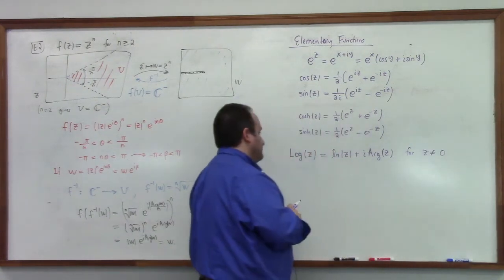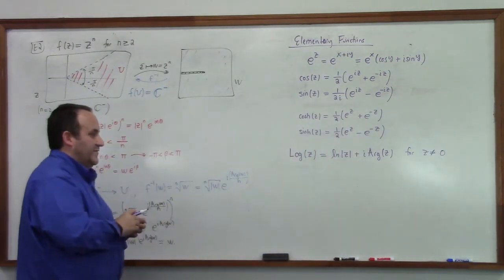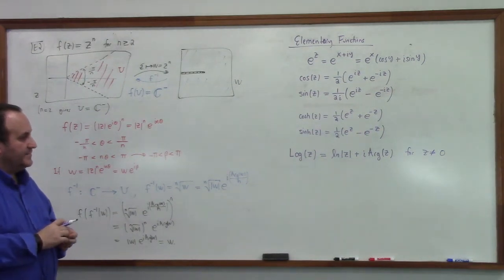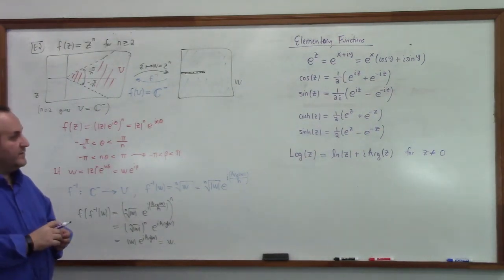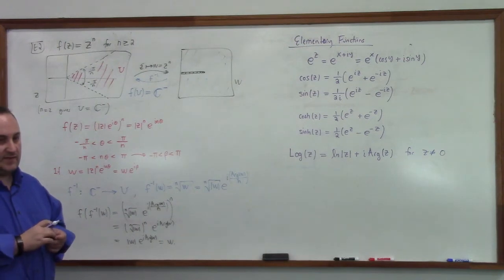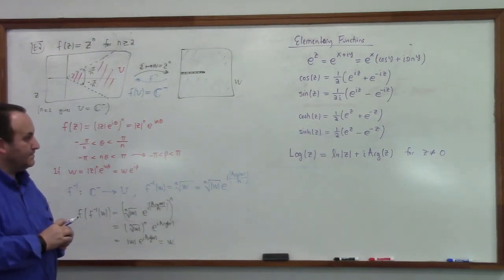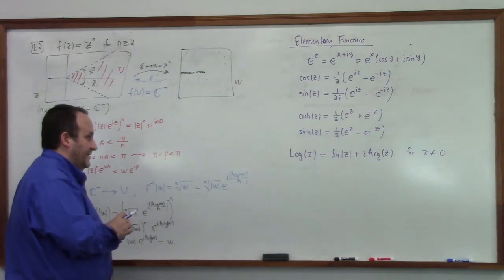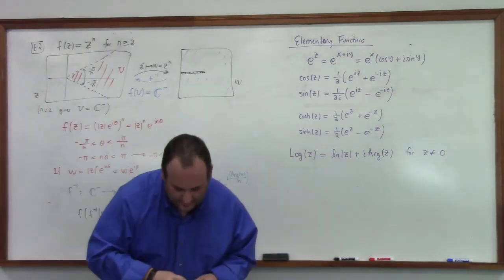All right. Now this is the principal logarithm, and it will define an inverse for a particular restriction of the exponential function. All right. So we'll look more at that when we have time here.